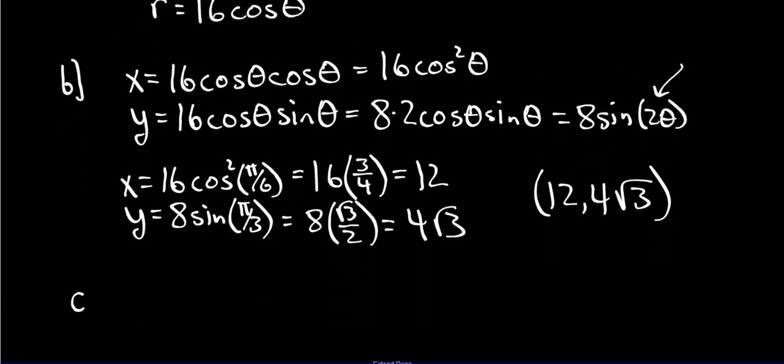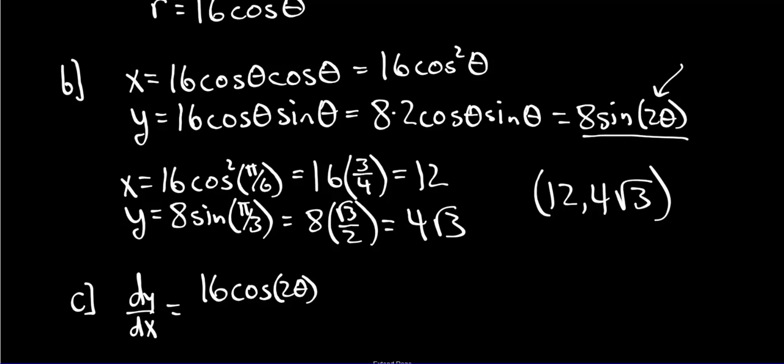Okay, so this is going to be part C in your handout. So we've got dy/dx. I'm going to take the derivative of the y, so up top I've got 16 cosine 2 theta, over the derivative of the bottom. So this is going to be 32 cosine theta times negative sine theta.